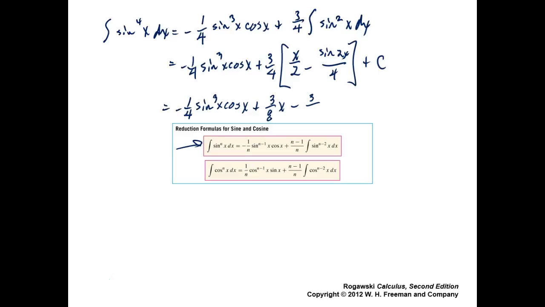I was going to distribute it in, 3/16 sine 2x plus c. Now that's one rendition of it. But that has a 2x in it. So if you don't like that rendition of it, I thought that's how they were going to leave it.